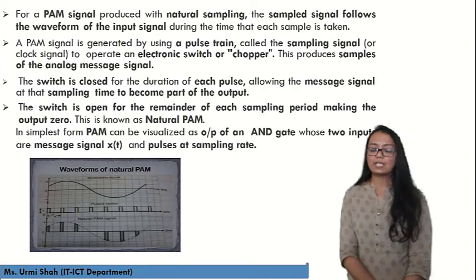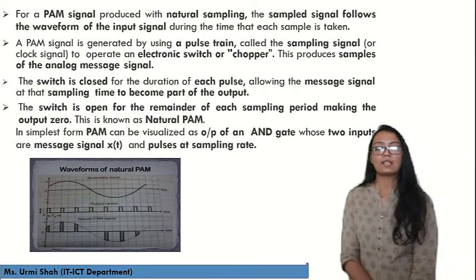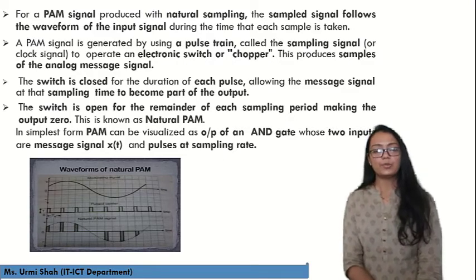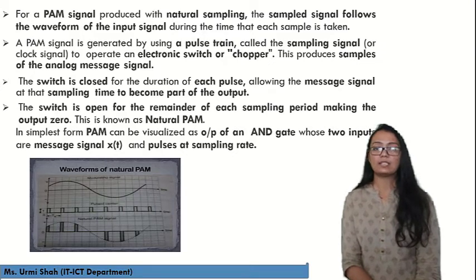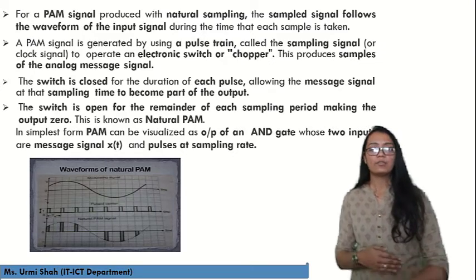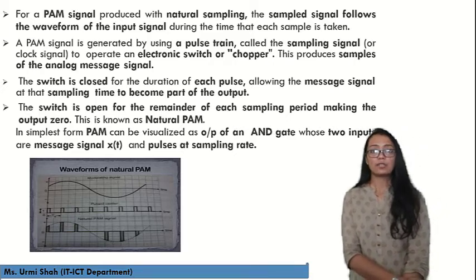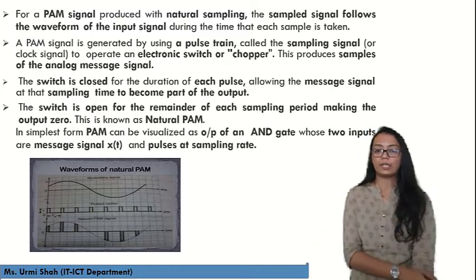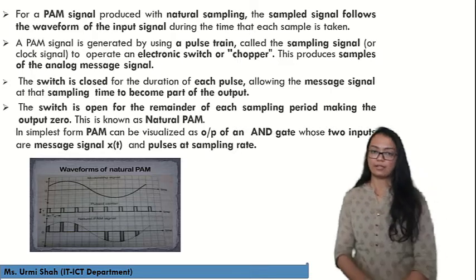Now for a PAM signal produced with natural sampling, the sampled signal follows the waveform of the input signal during the time that each sample is taken. Further, whenever a PAM signal is generated using a pulse stream, which is called the sampling signal, it is operated on an electronic switch or chopper circuitry.